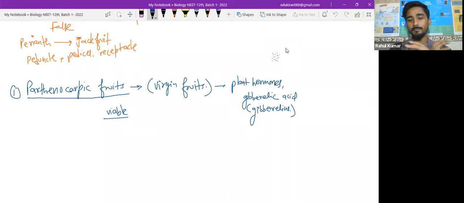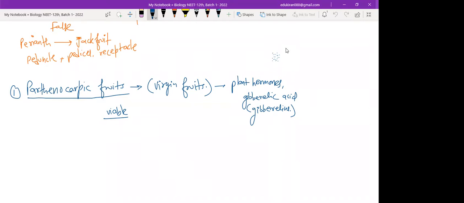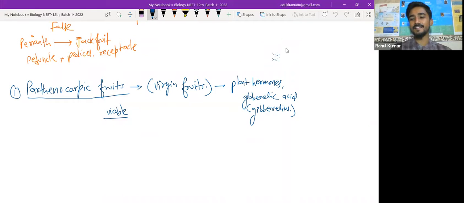So if I say that this is a normal watermelon which costs you 20 bucks, and this is a seedless watermelon which costs you 200 bucks, which one will you choose? Seedless. Most of the time people will say it's 10 times the difference, so let's choose the seeded one. We will take care of the seeds. So that is one issue, but watermelons are there. So you can add watermelon.